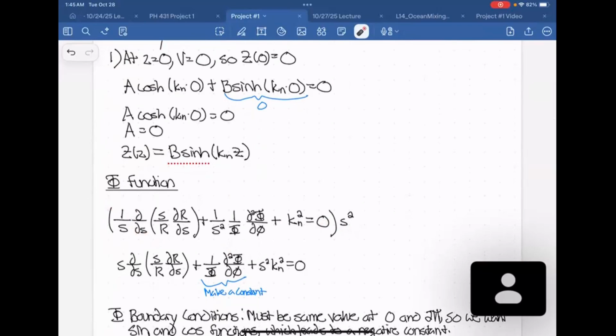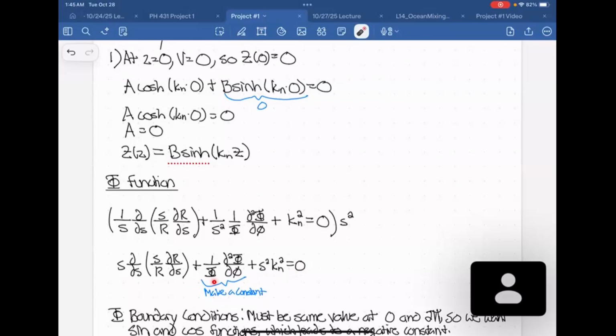This is going to get rid of the s squared term here, which is currently causing a problem because we want each of these terms to only depend on one variable, and we have s's and phi's here. So if we multiply everything by s squared, we end up with only s's over here. The s's are gone over here, so we just have phi, and then we have s squared k sub n squared here, and it all equals 0 still.